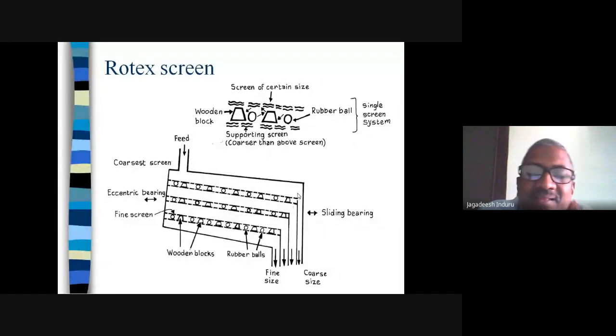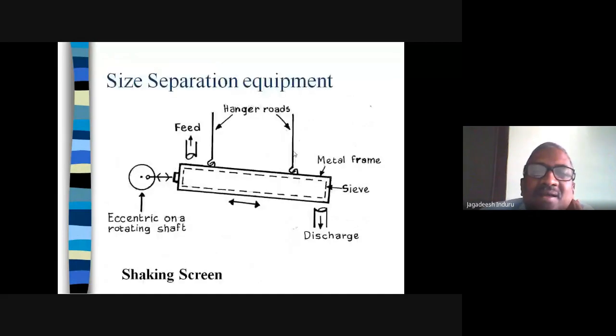In the previous screen, in this particular machine, it becomes a batch process, because after a particular period of time the screen gets blocked with the powder. You need to stop, remove the blocks, and use it again. It is not a continuous process because it is causing blockages.